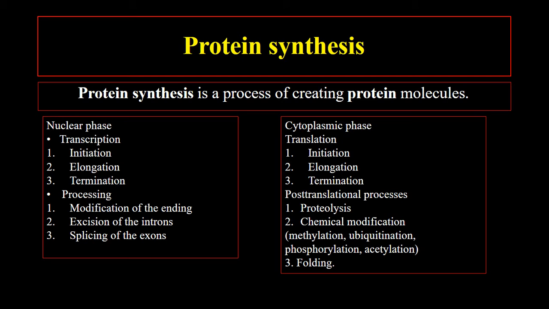After the nuclear phase of protein synthesis, the plasmic phase starts, which happens in the cytoplasm. The plasmic phase also includes two big stages, called translation and post-translational processes.